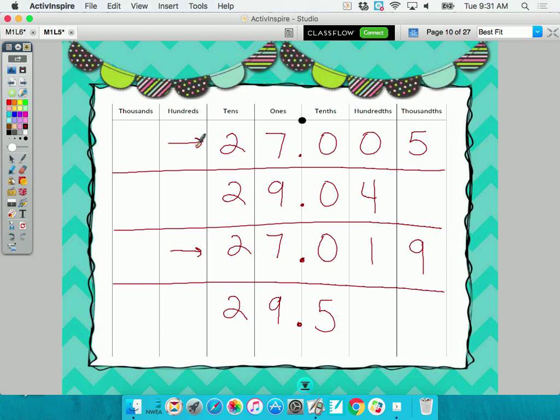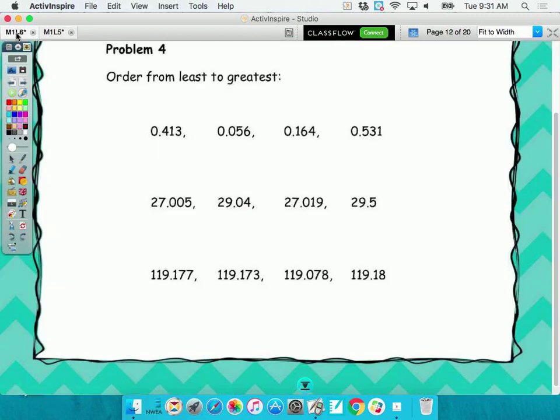I've got 5 thousandths or 19 thousandths. Which one is smaller? 27 and 5 thousandths. So cross that off. It just happens to be the first number because we're doing least to greatest.